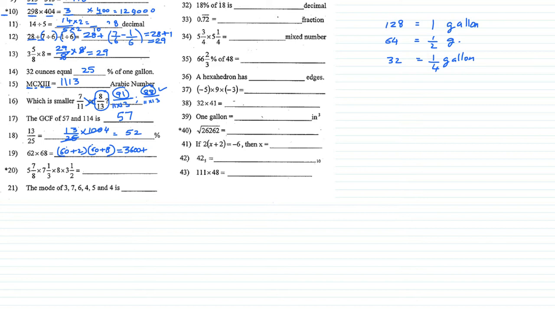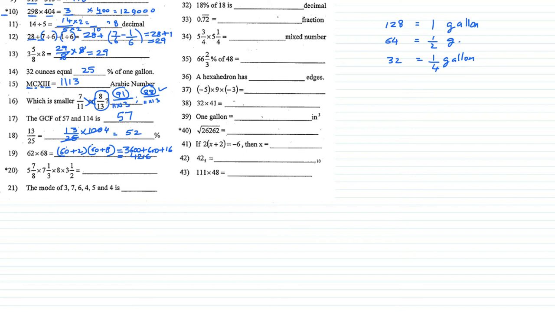So 480 plus 120 is 600, and then 2 times 8, which is 16. So the answer to this is 3600 plus 600, which is 4200, and plus 16 is 4216. Of course, you have to do all of this mentally, as there is no scratch work which is allowed in this test.